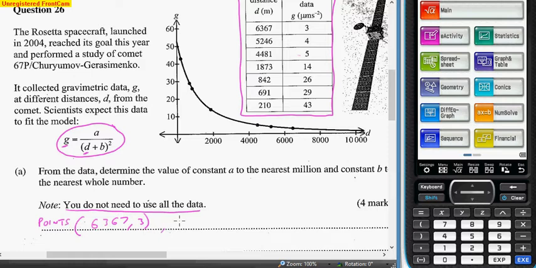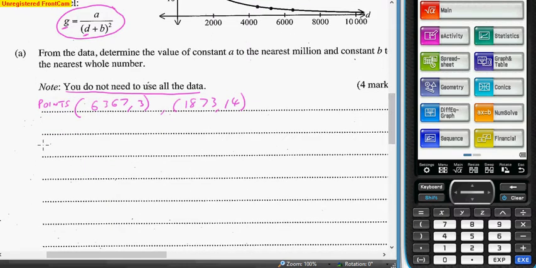And I'll use another one. It doesn't really matter which one, but I'll use the one in the middle, the 18, 73 and 14.